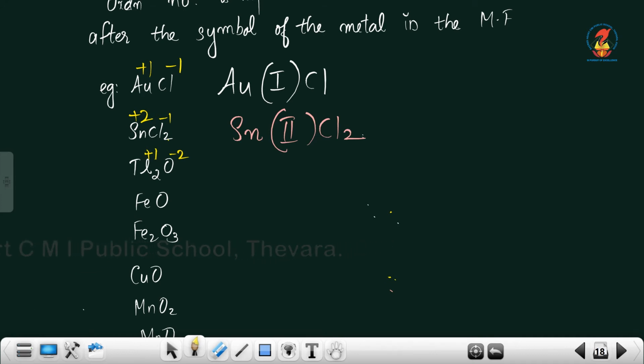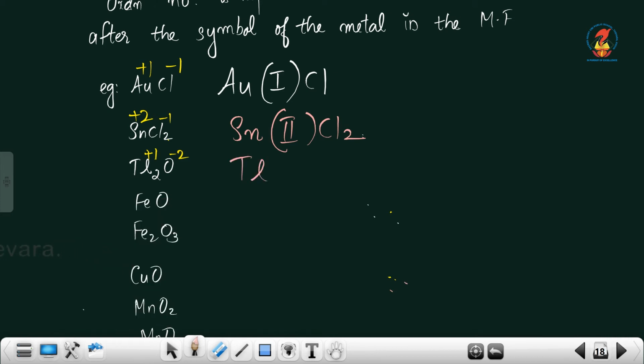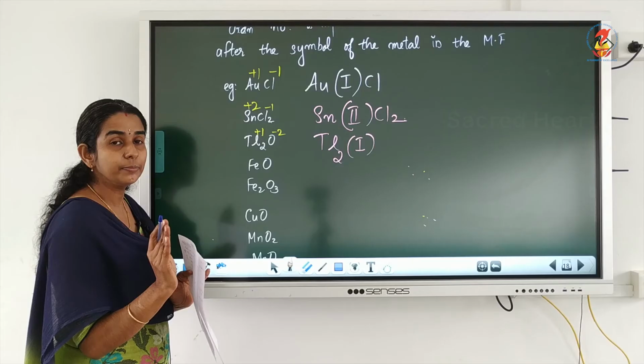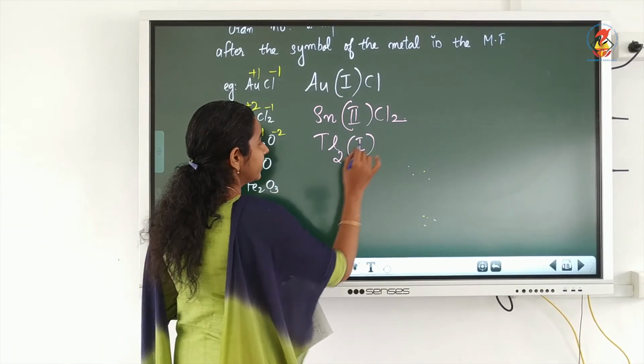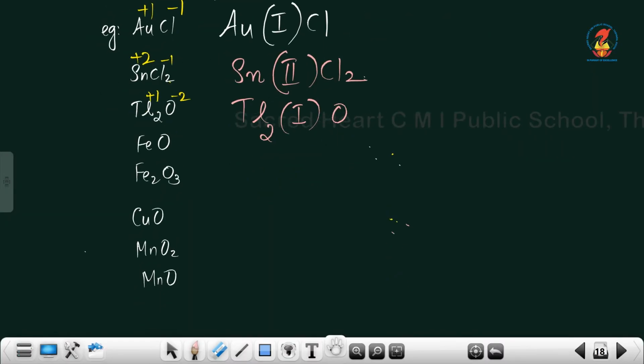Plus 1 into 2 plus 2, plus minus 2, 0. So how can we write the formula? Tl2, we are writing the molecular formula itself. Only after the symbol of the metal we need to write the oxidation state. Tl2(I)O.